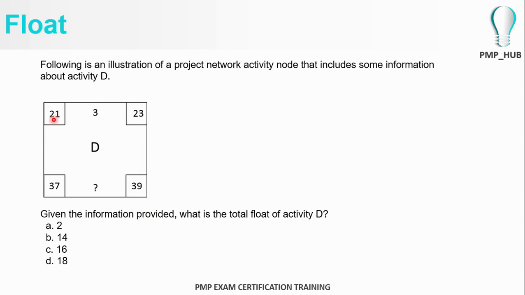It would be the difference between the earliest start and latest start, or between the earliest finish and latest finish, which is 16 days. So the gap between these two is 16 days and the gap between these two is 16 days. So the total float for activity D is 16 days. Hope you got that example.